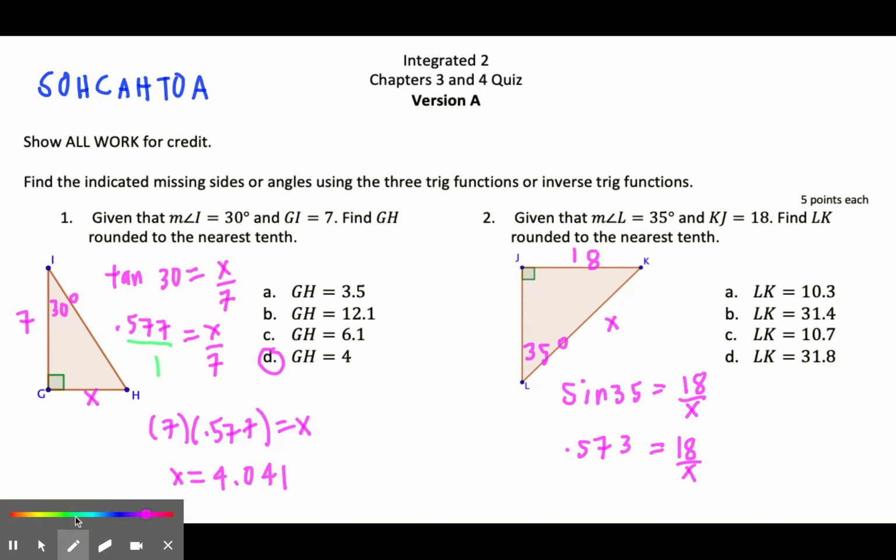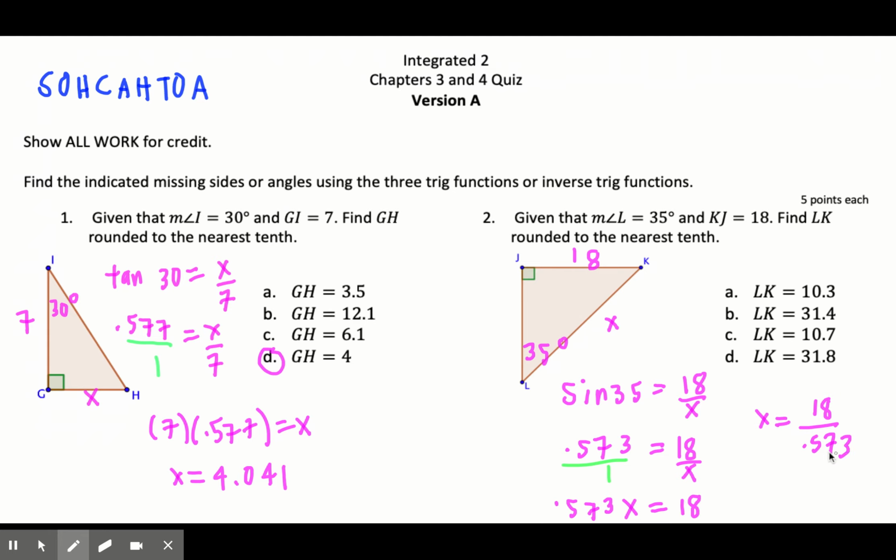And then you write that like over 1, and then you cross multiply, and then you get 0.573x equals 18. So then x equals 18 divided by 0.573.